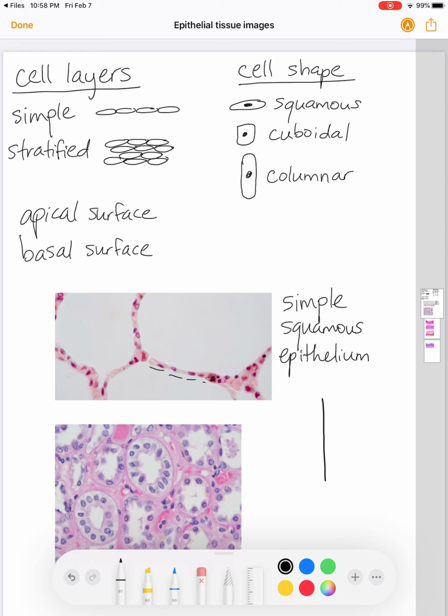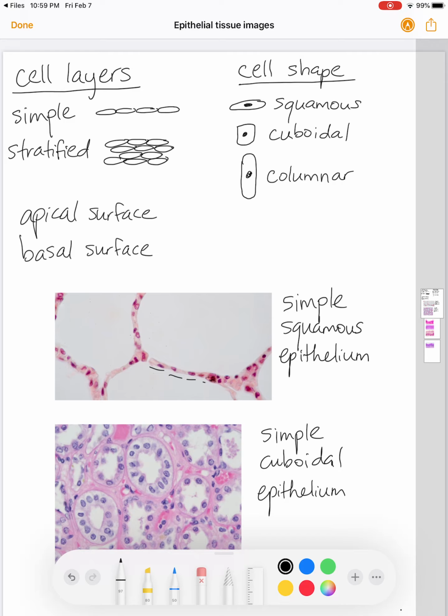All right, moving down to this next one. This one is called simple cuboidal epithelium. Now this one might be a little tricky looking just because the cells are arranged in a circular pattern.